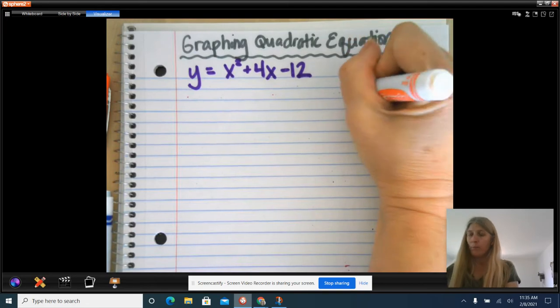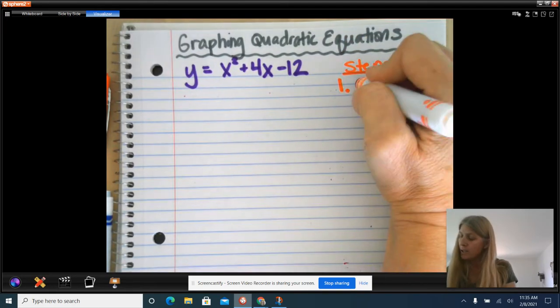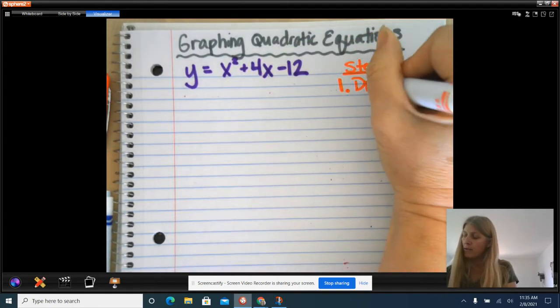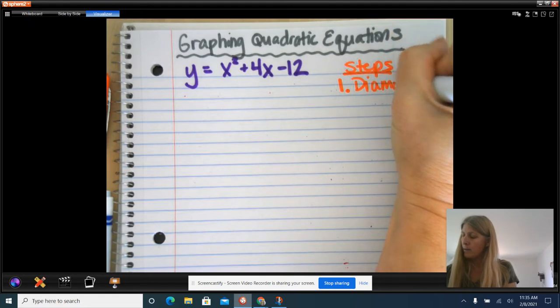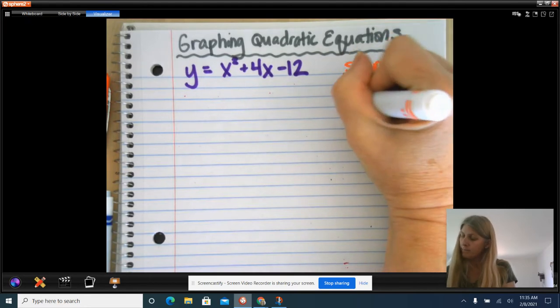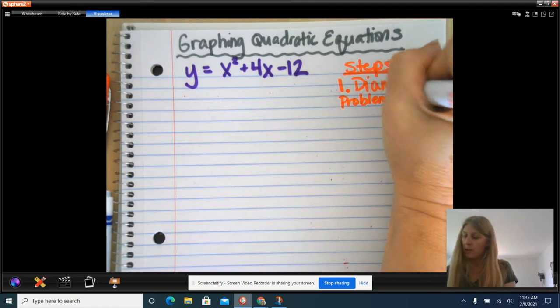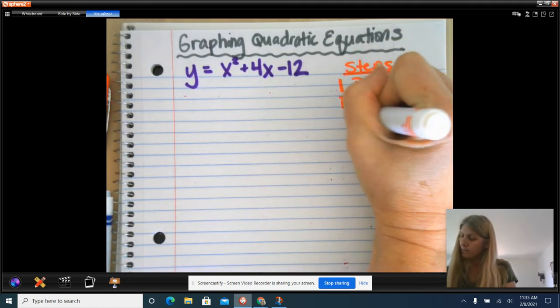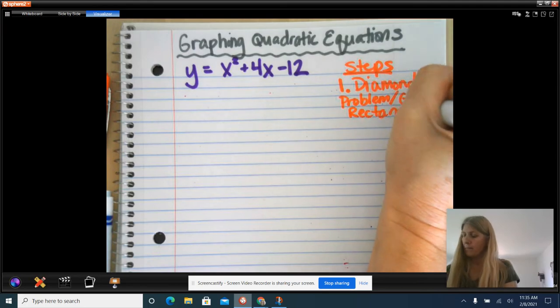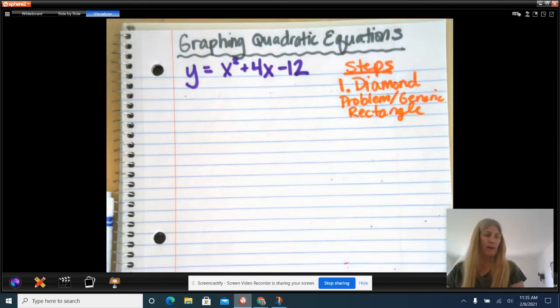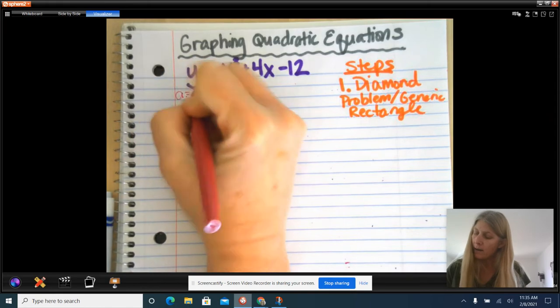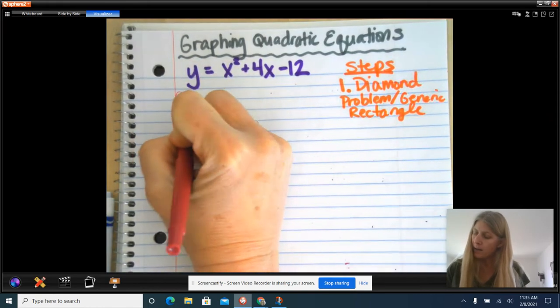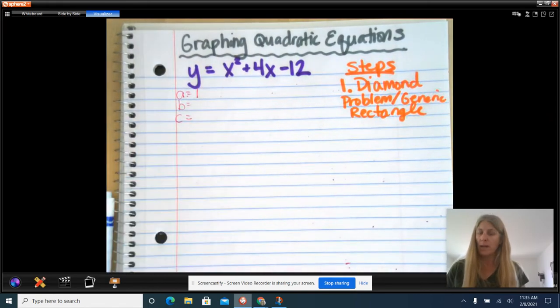And the first step is what we've been practicing the last few classes, which is to use and create a diamond problem, generic rectangle. Okay, so we know that we start that by taking and pulling out our A, our B, and our C. Our A is a 1, it's the number in front of the x squared.